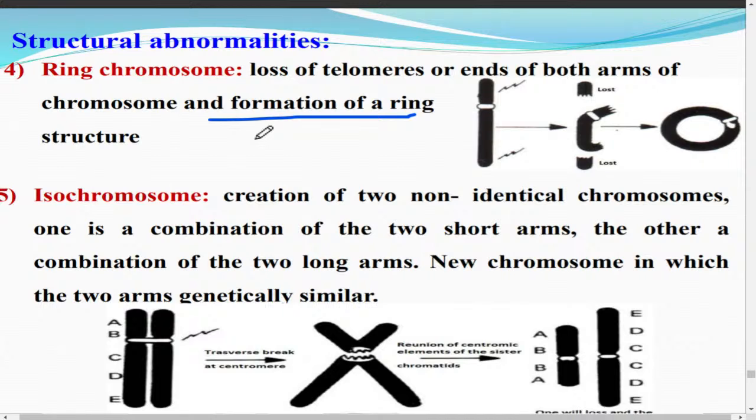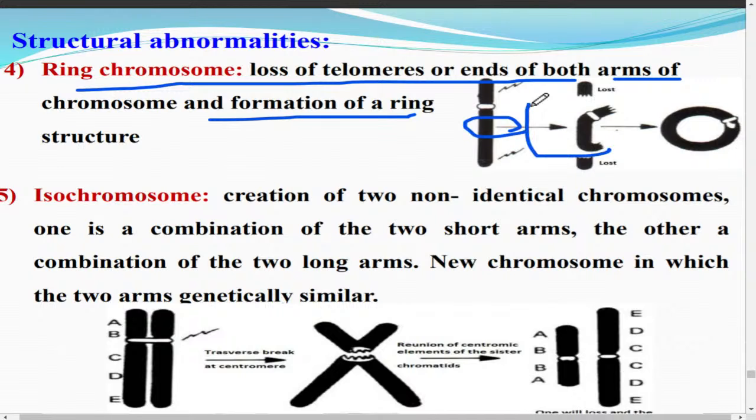Very important abnormality we are having. The ring chromosome: loss of telomeres, the ends of the arms of the chromosome, and formation of a ring structure. This is the ring chromosome structural abnormality.